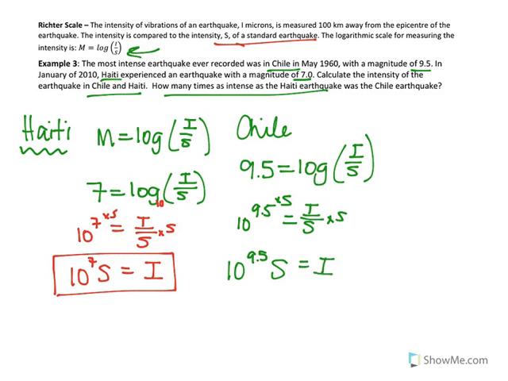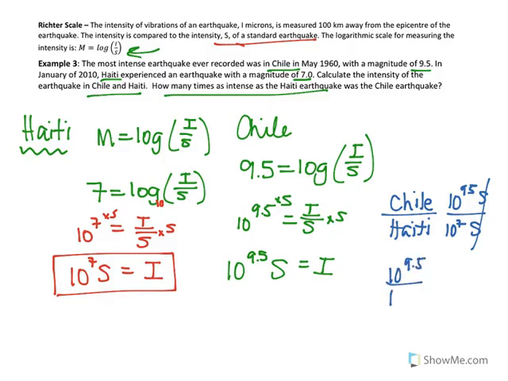So if we wanted to figure out how many times as intense Chile was to Haiti, we're going to make a proportion of Chile to Haiti. So we have 10 to the power of 9.5 S over 10 to the power of 7 S. The S's cancel, so we have 10 to the power of 9.5 over 10 to the power of 7. If we're dividing, we can subtract our exponents.